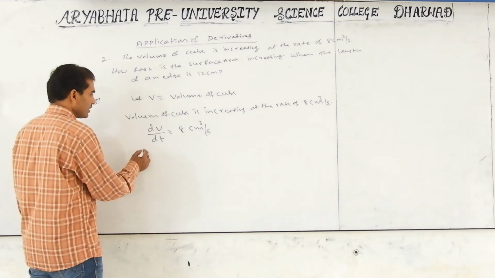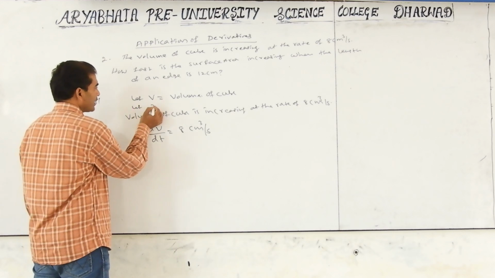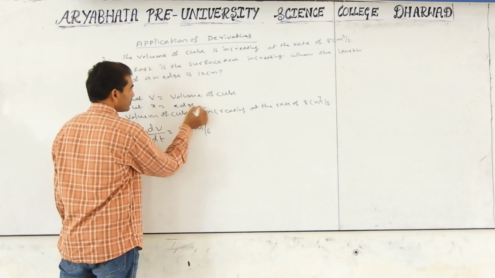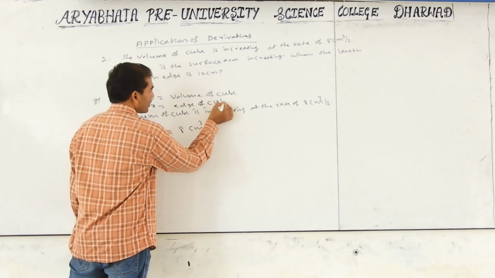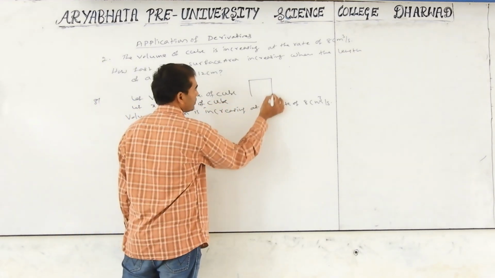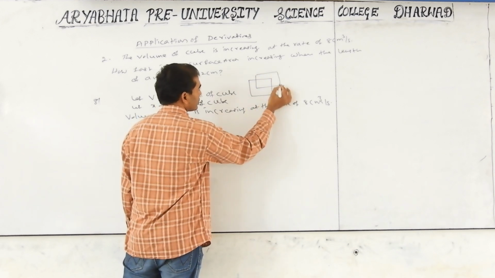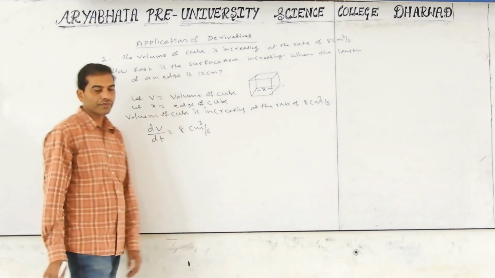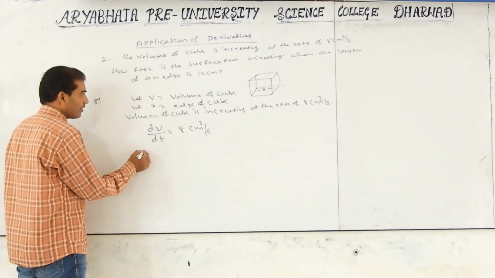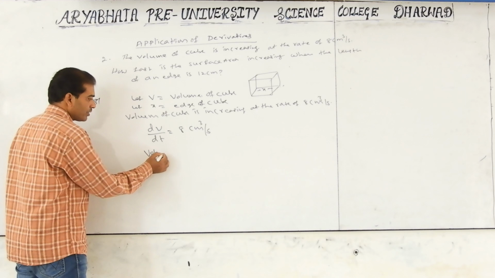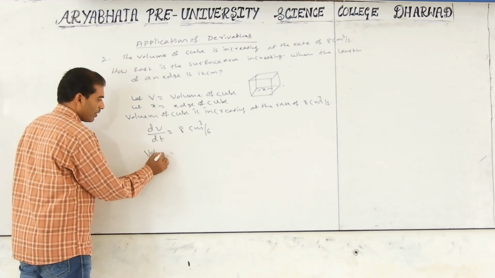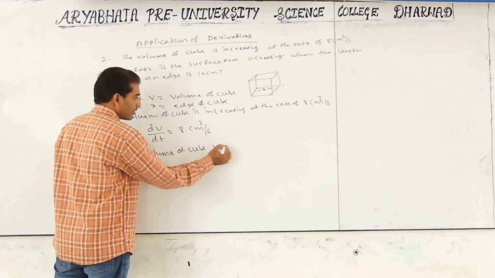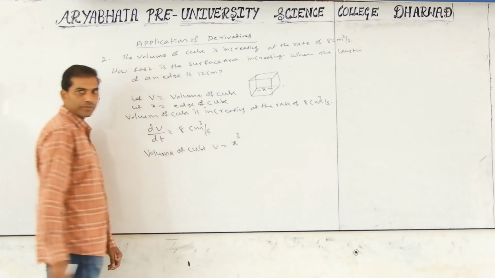So for the cube, let x be the edge of the cube. This is the cube. Now the volume of the cube, V equal to the formula x cube.